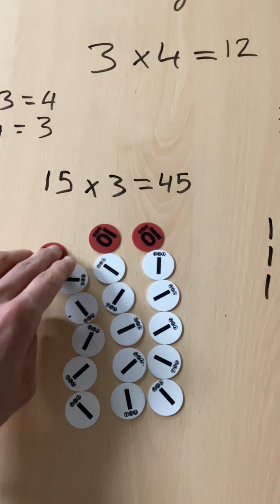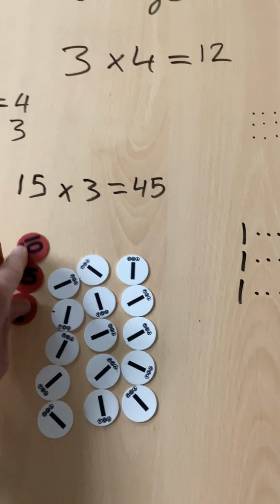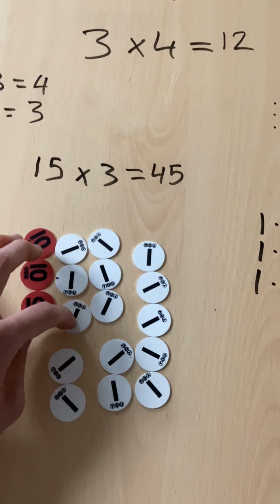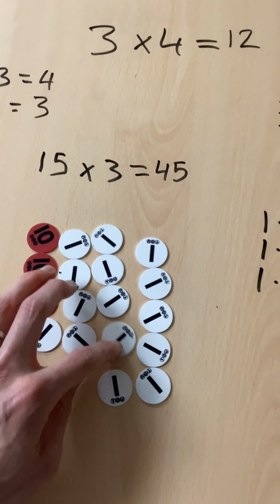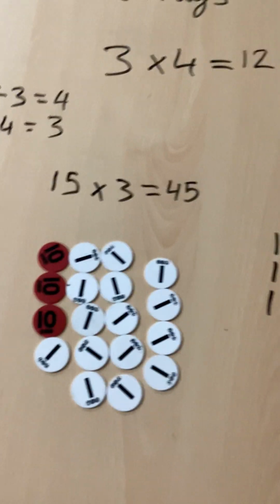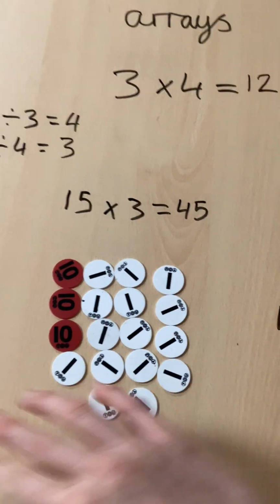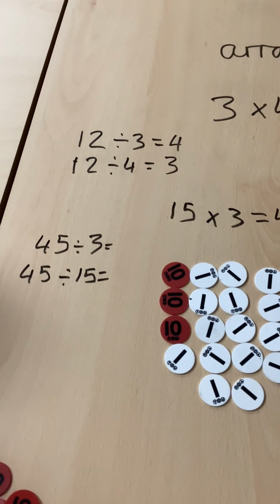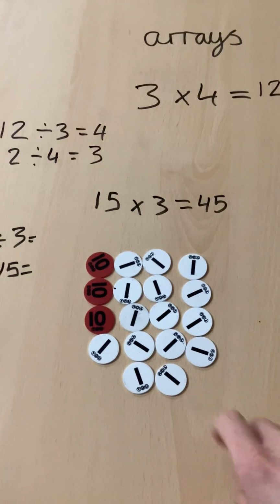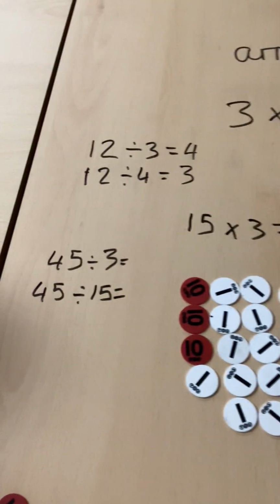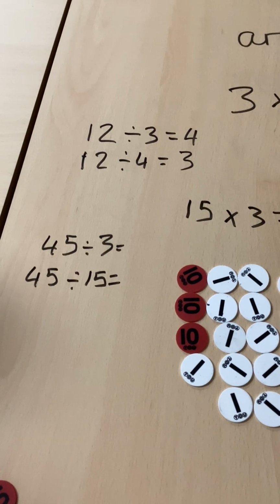It is not going to help us if we take our number and make it into a nice rectangle shape, because that isn't 15 clearly. It's still 45 in total, which we know is our answer, but that's not going to help us with the division. You can do that with the multiplication and get the right answer, but it is going to be of no use for your division.